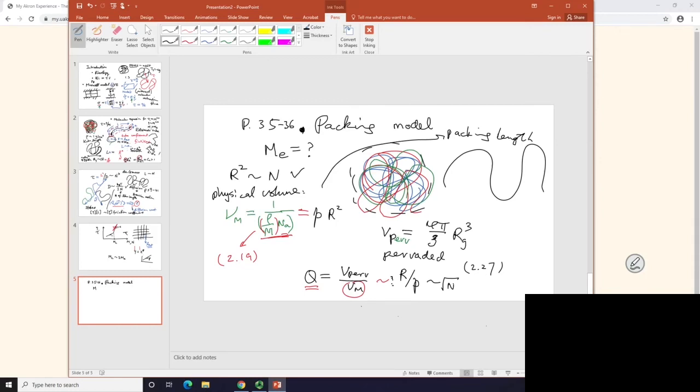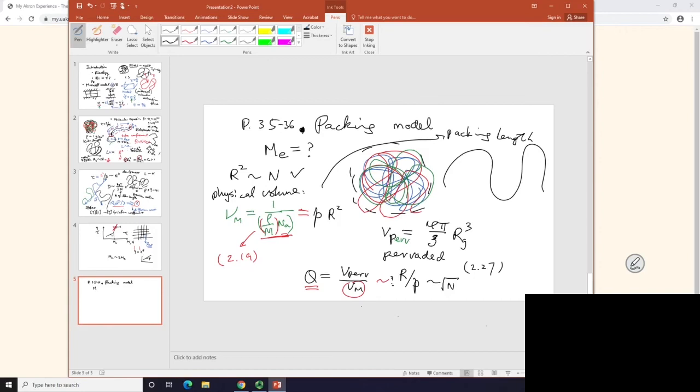So this says the longer the chain it is, the more chains you will find in your own volume. Not linearly. It's just the Gaussian property. It's being a Gaussian chain. As I quadruple my chain length, I find in my own volume the number of chains doubled.